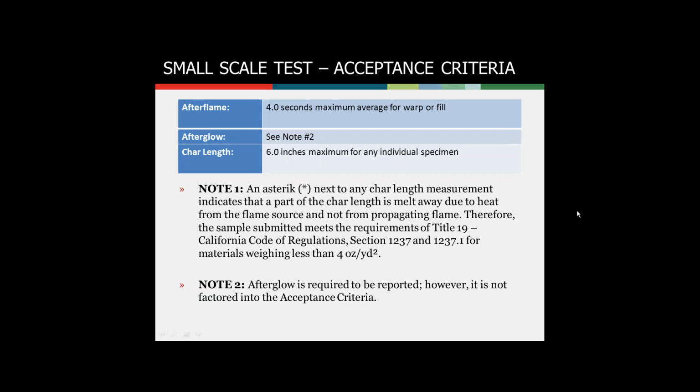It might burn maybe 3 inches, and then the remainder of the product will sort of melt away without any flaming. California says that if there is such melting, then that's not considered part of the char length. So in order to protect our clients, we have to really pay attention when we get synthetics that will melt rather than burn.